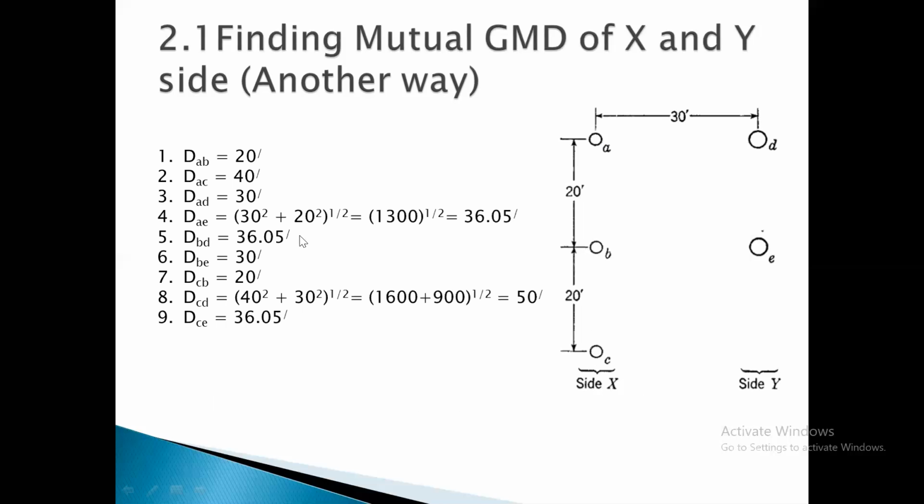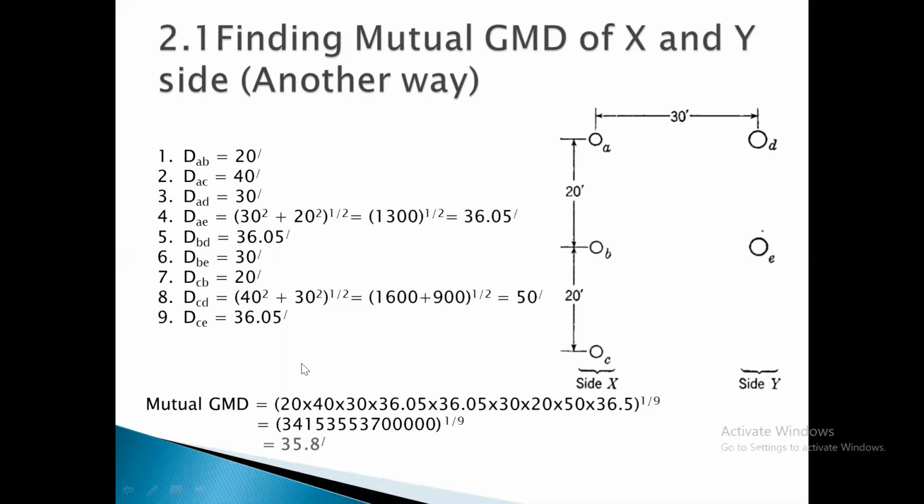Sometimes you get confused between sides. For example, you don't know which side you are on, whether this conductor is on side 1 or x, or on side y. You can also use this method. You can calculate all the distances, but you have to put power 1 divided by 9, because here are 9 distances.